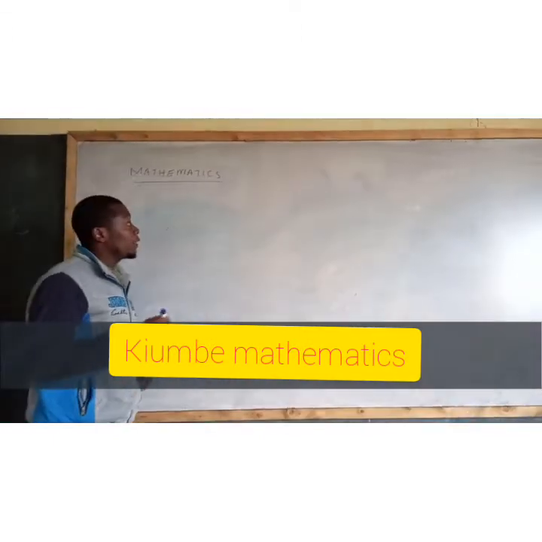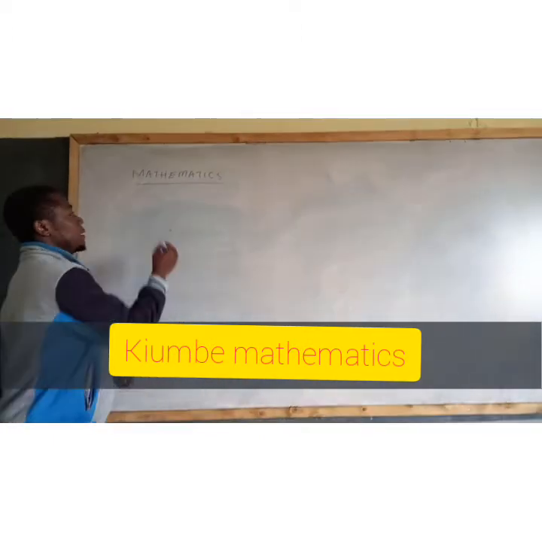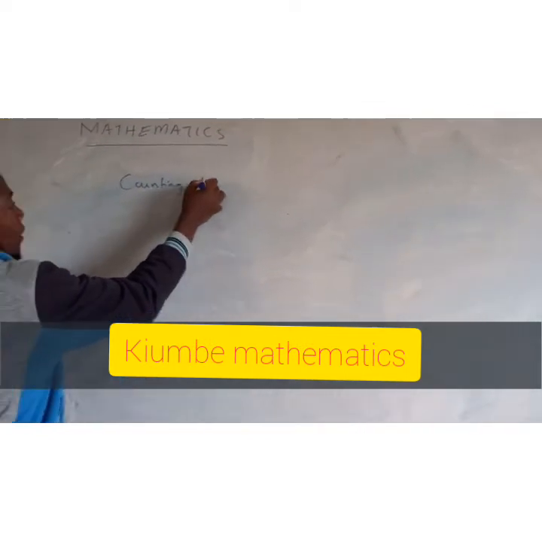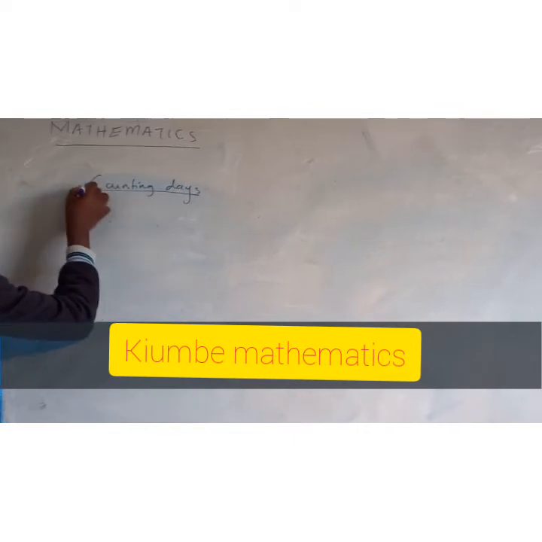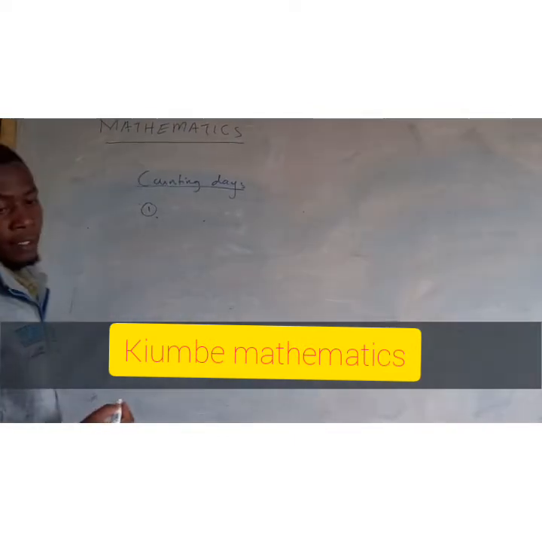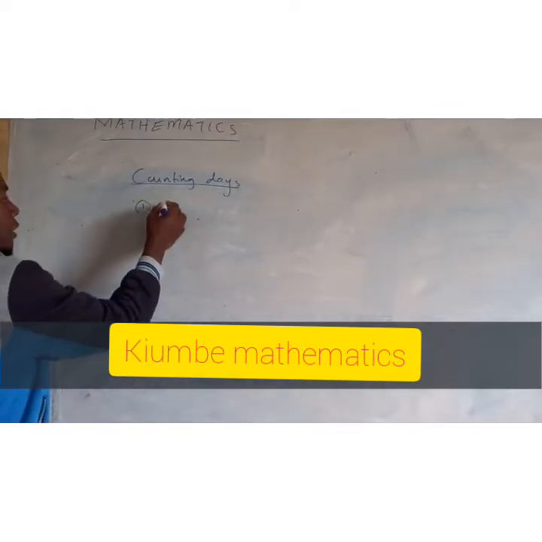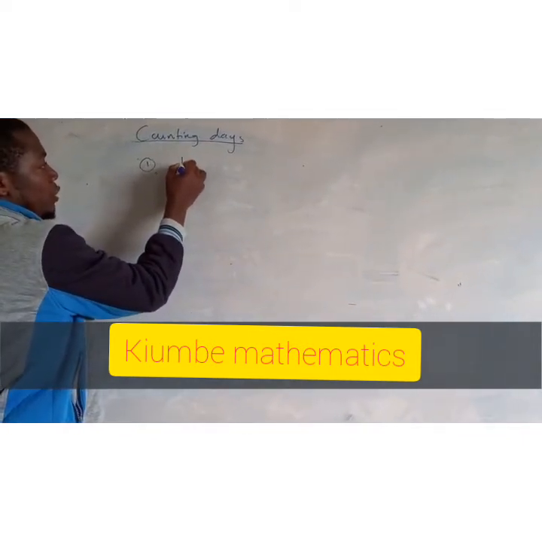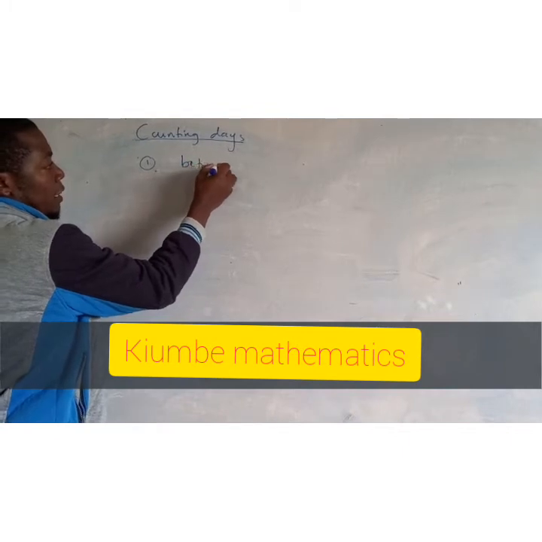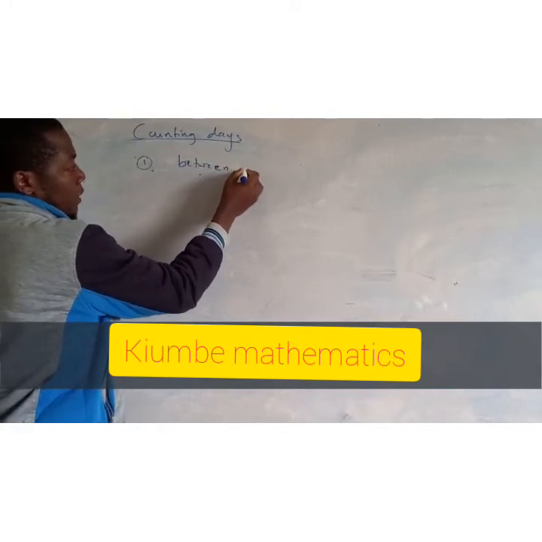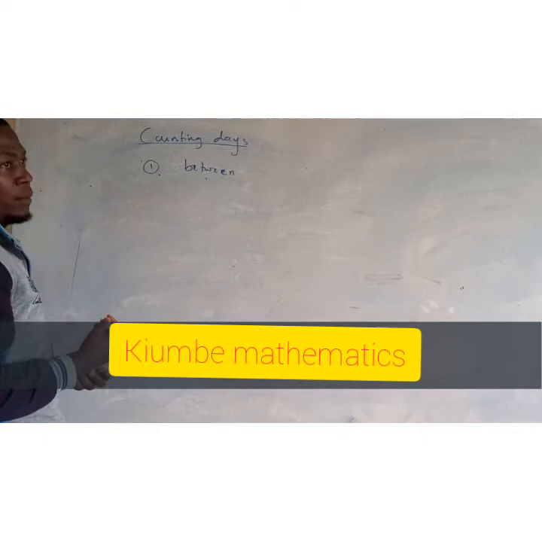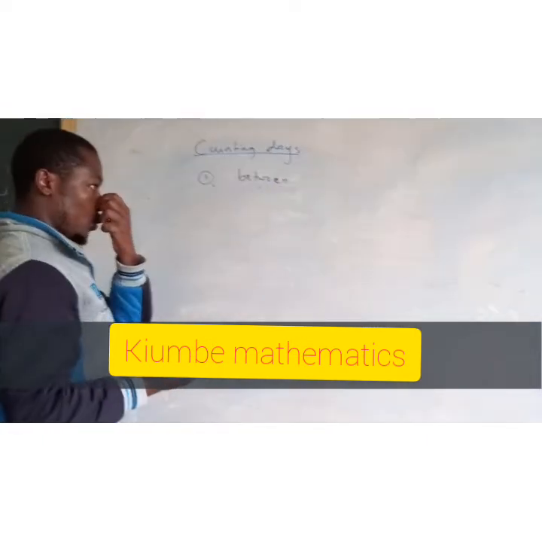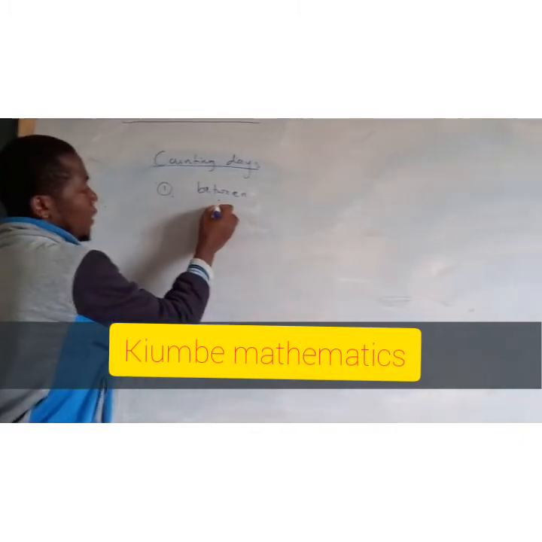Okay, the last part we want to look at is counting days. And this one has 2 parts. The first part is when they ask a question like counting the days between particular days. So when you're counting this, what you do is eliminate the first date.